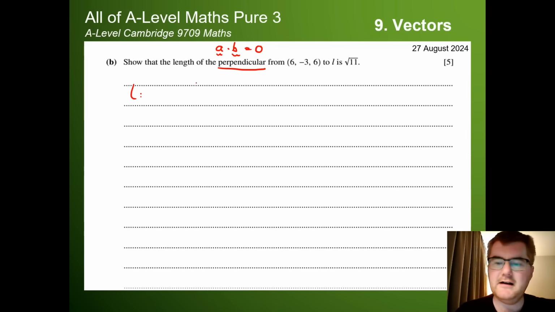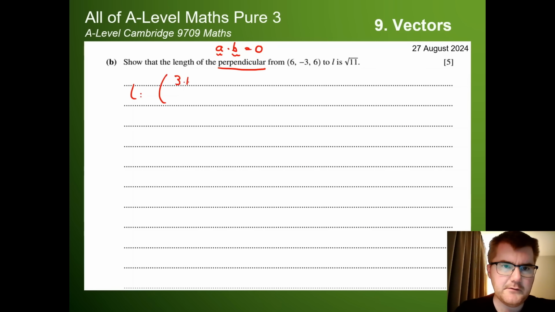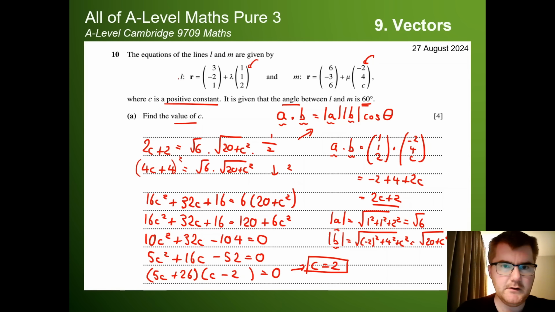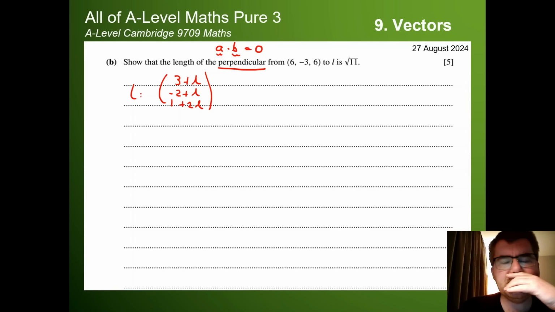So let's just write out L in combined form. What I mean by this is (3 plus lambda, -2 plus lambda, 1 plus 2 lambda). And so what we need to do is find the vector between this general form and (6, -3, 6).